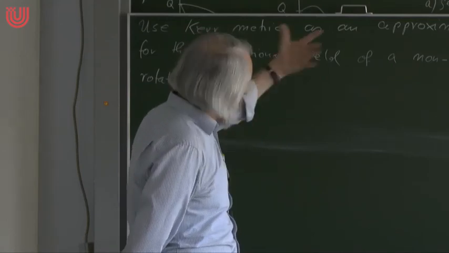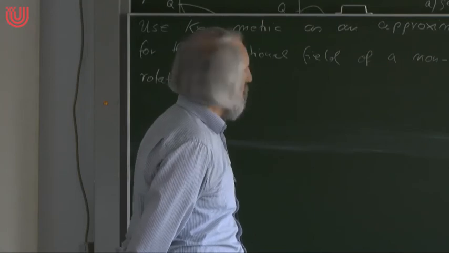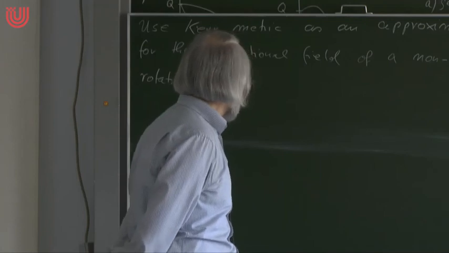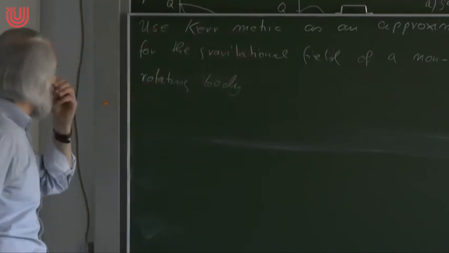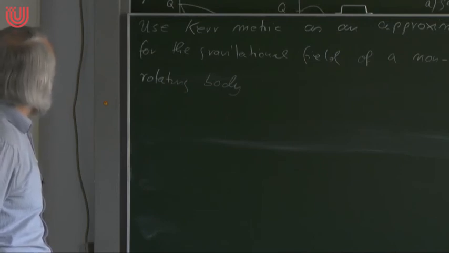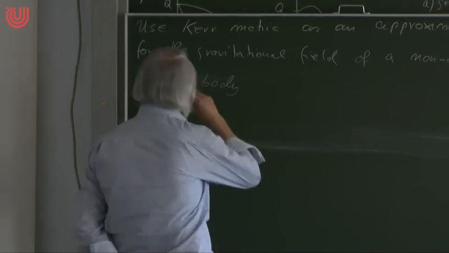But if I'm very far away, then the approximation where I have only the m and the a is a good approximation. And in this approximation, one could use the Kerr metric as an approximation for the gravitational field of a non-collapsed rotating body, as long as I'm far enough away from the thing.